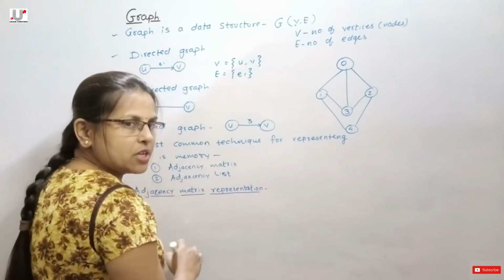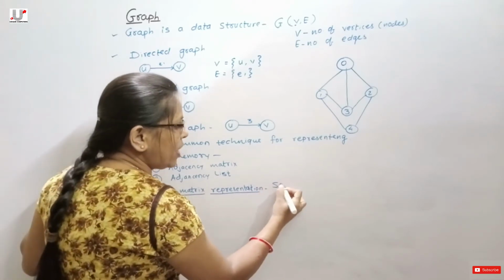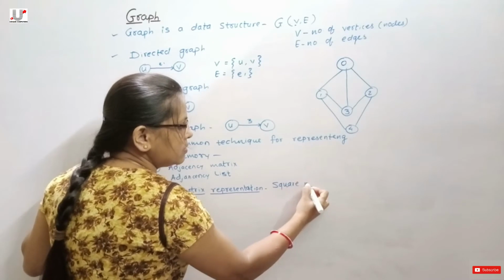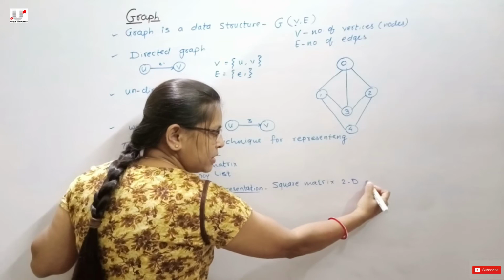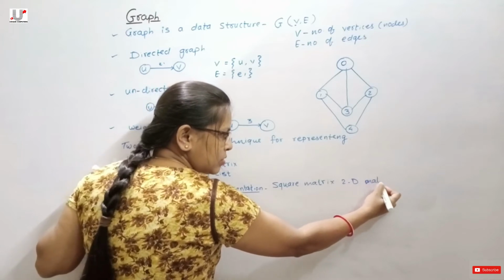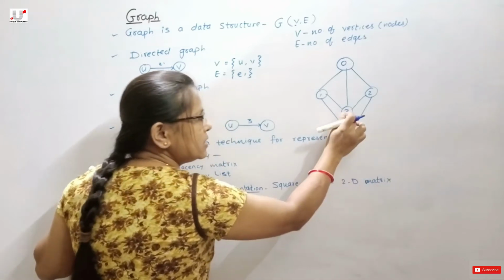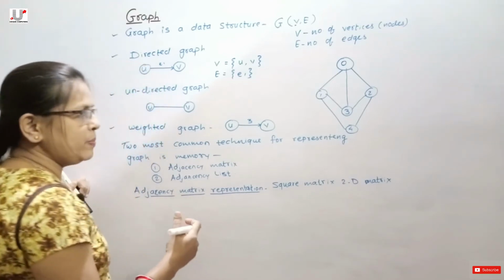As it's a matrix representation, it takes a square matrix. That means a 2D matrix is required for representing this graph in computer's memory.